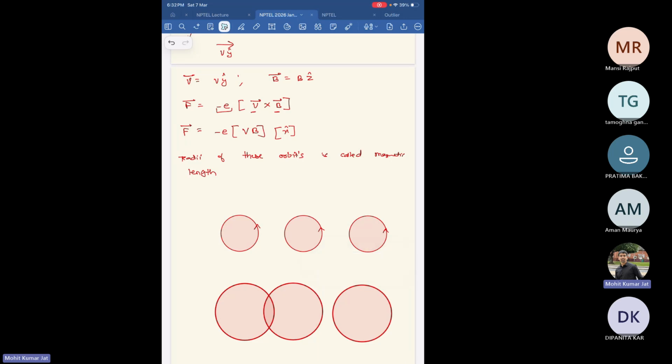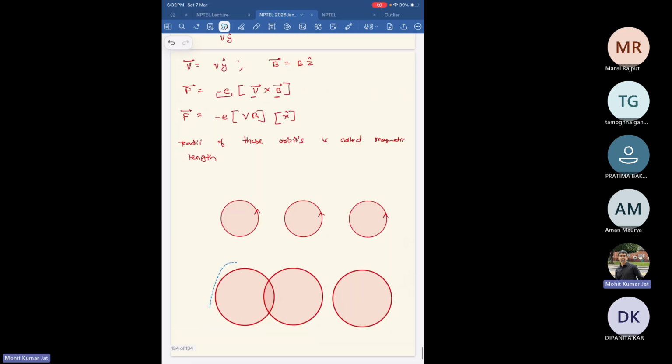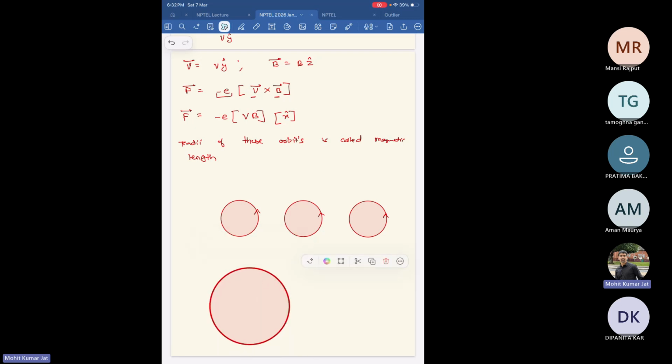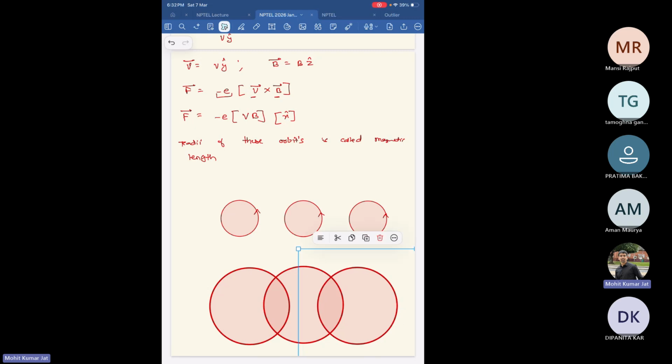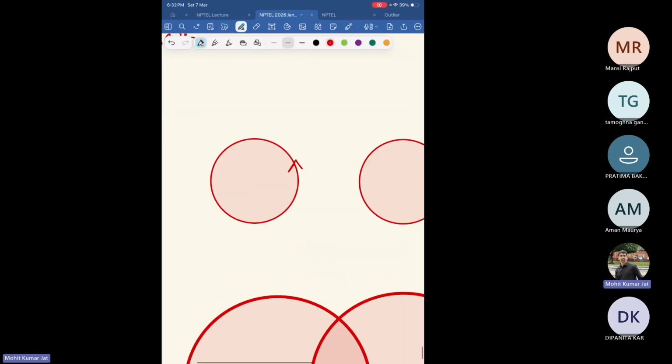Let me just increase it slightly more so that it becomes clear what I want to say. Okay, your magnetic field is small, so now the size of these orbits is large, but the number of electrons is the same. So what will happen? They will start intersecting. Thereby, magnetic length is important because it tells you about the radii.